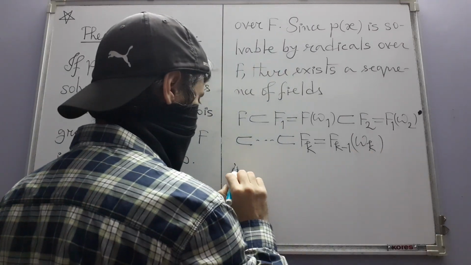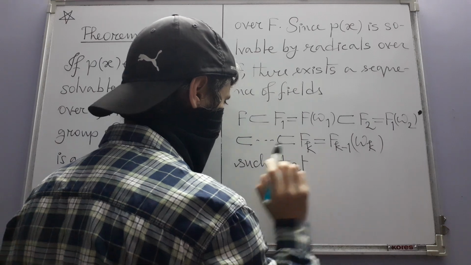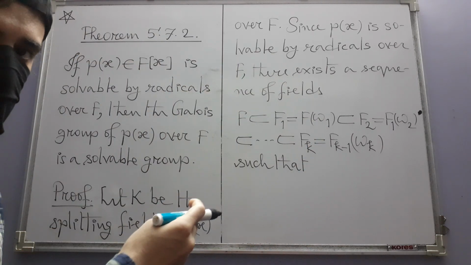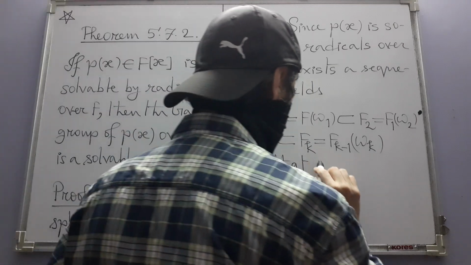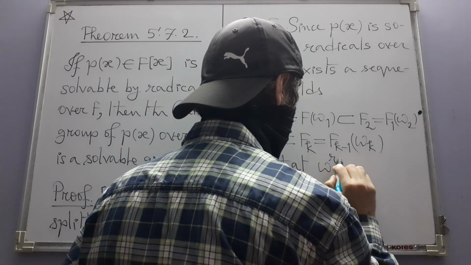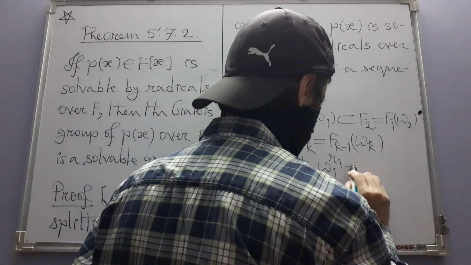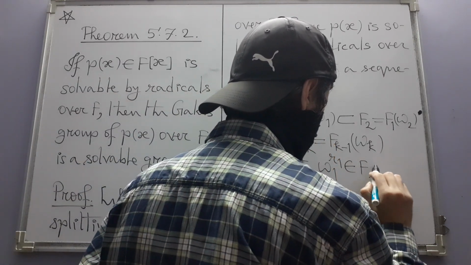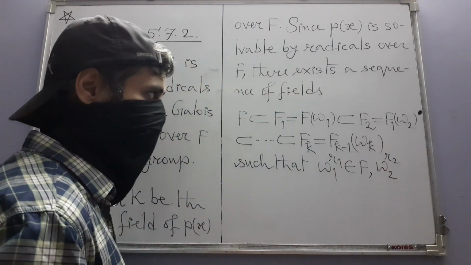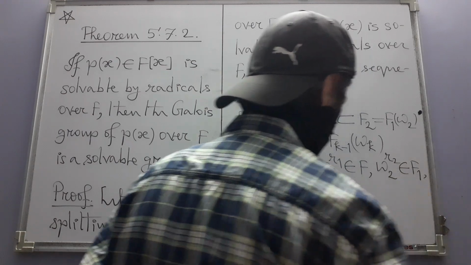such that some powers of these omega i's belong to the previous field. That means some power of omega 1, omega 1 to the power r1, belongs to the previous field. It belongs to F. Similarly, some power of omega 2 belongs to F1, like that.